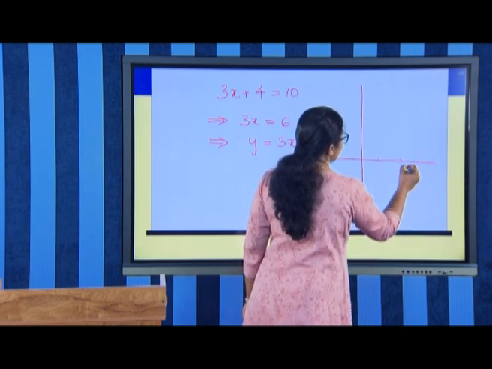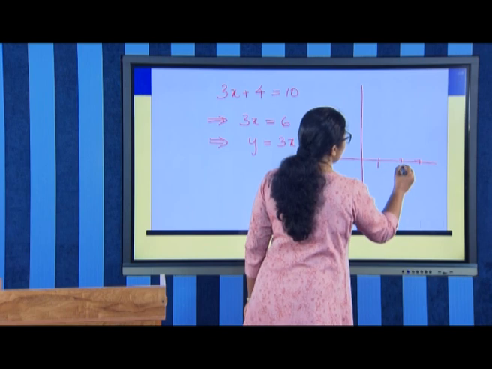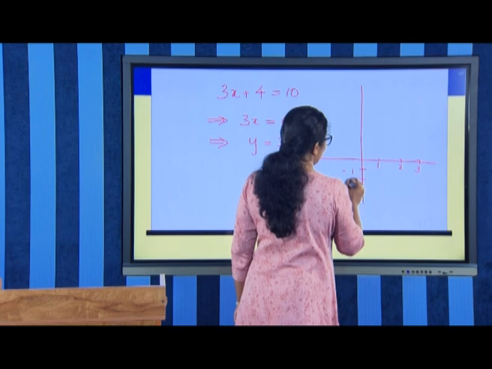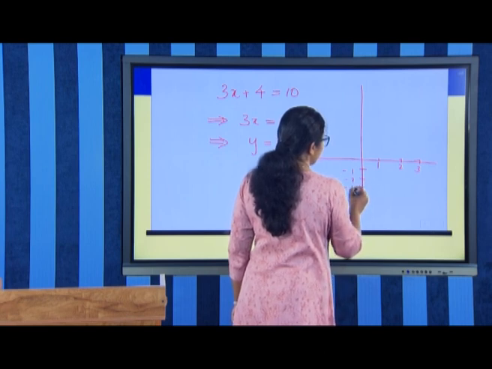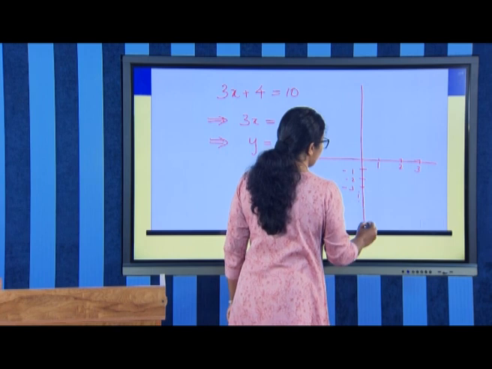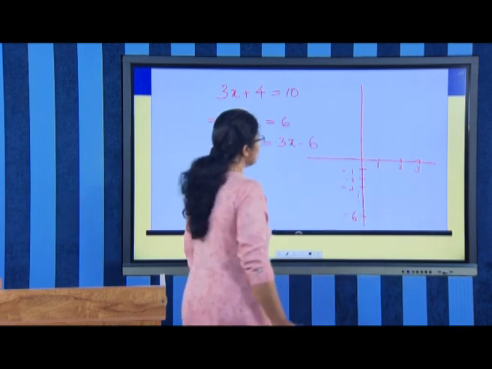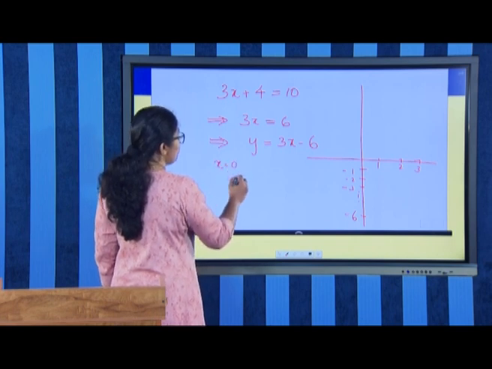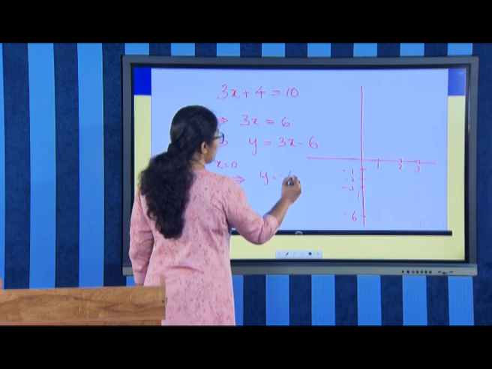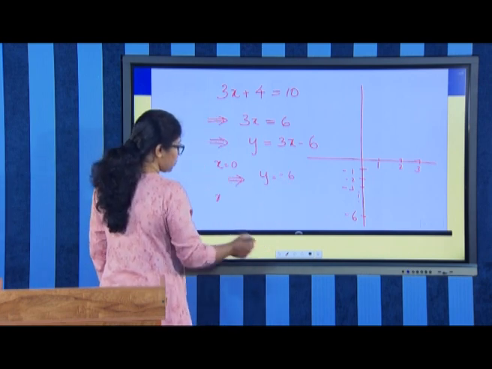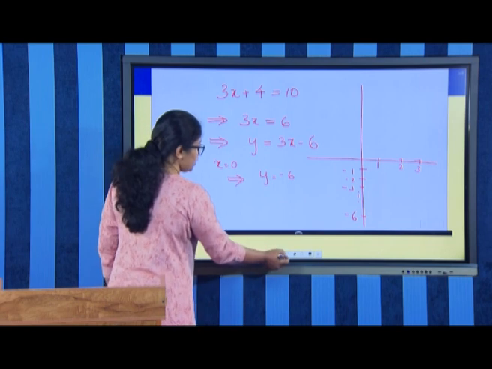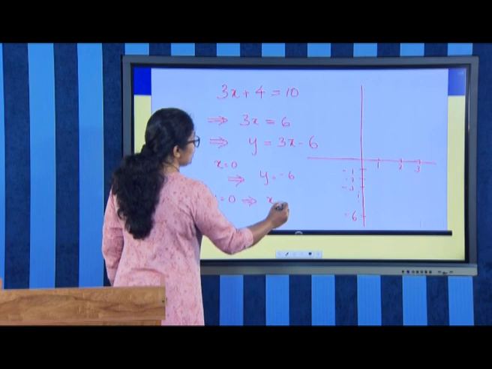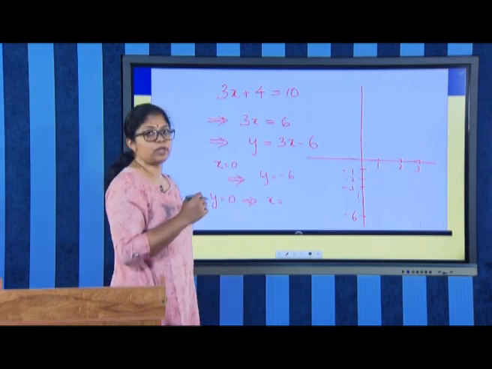The x axis has 1, 2, 3 and so on. Here you have negative 1, negative 2, negative 3, etc. Somewhere here you have your negative 6. So, if we put x equal to 0, we will be getting y equal to negative 6, and y equal to 0 gives 3x minus 6 is equal to 0.